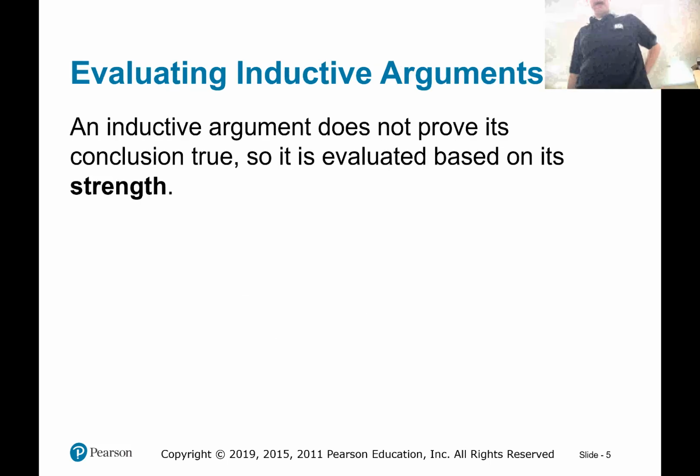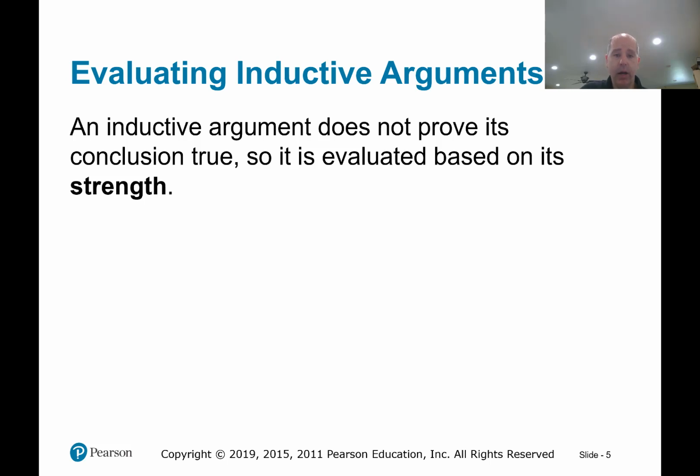Okay, now, how do we evaluate inductive arguments? Inductive arguments are evaluated by their strength. How do we know how strong it is? It's how cogent the argument is, meaning do the premises support the conclusion?